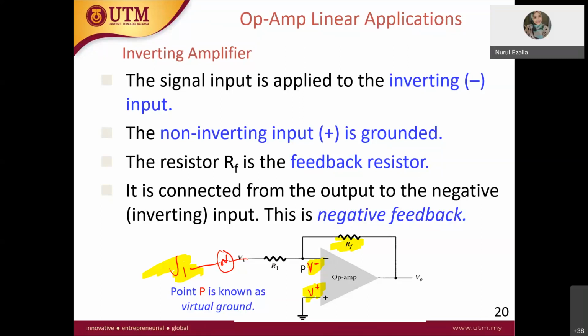RF is the feedback resistor, connected to the output. We call this a negative feedback. Why negative feedback? Because the feedback resistor is connected from V out to the negative input of your op-amp.